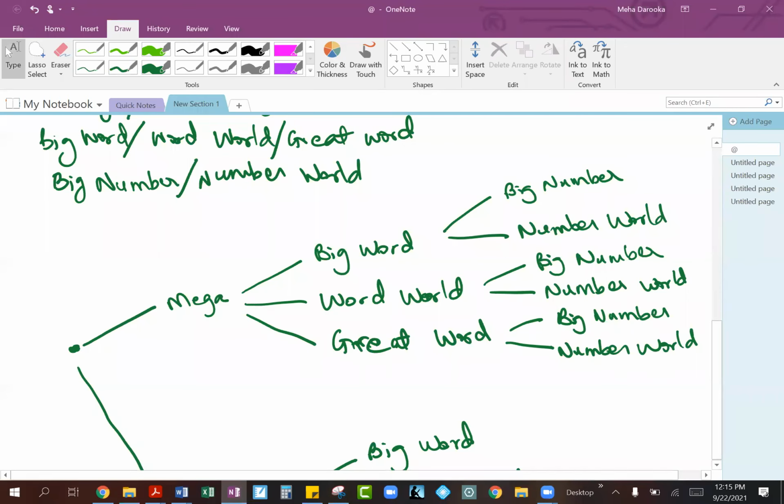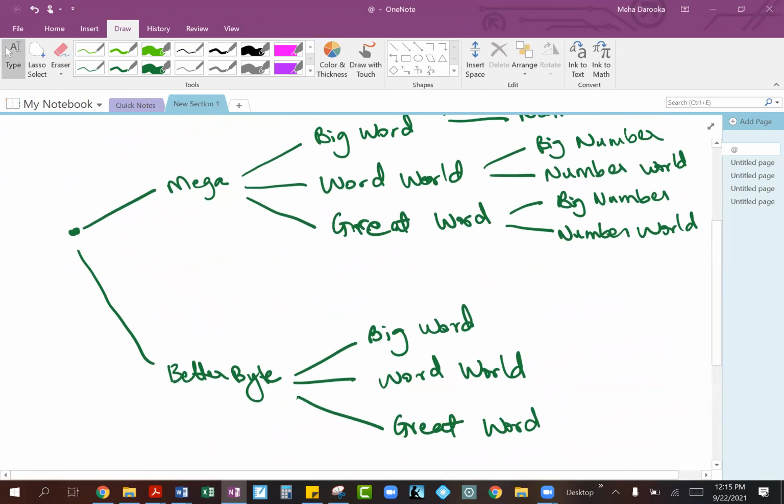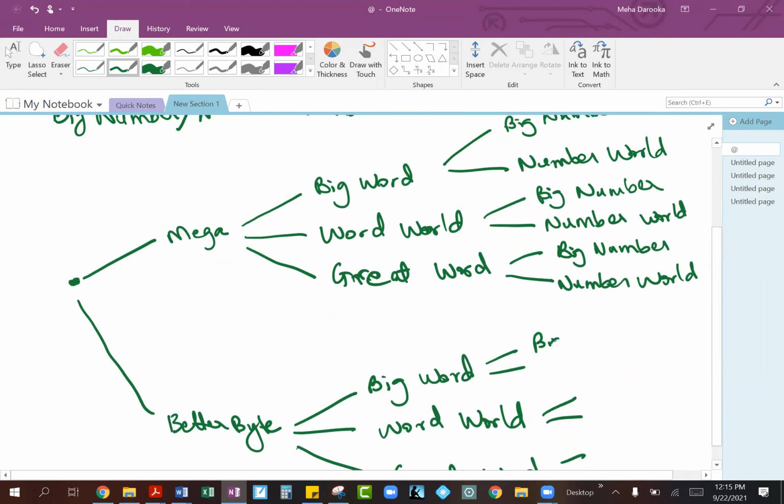So, again, you would have to repeat that same option over here with the spreadsheet software with these guys down here. So that was Big Number, Number World, and of course, same thing going down.